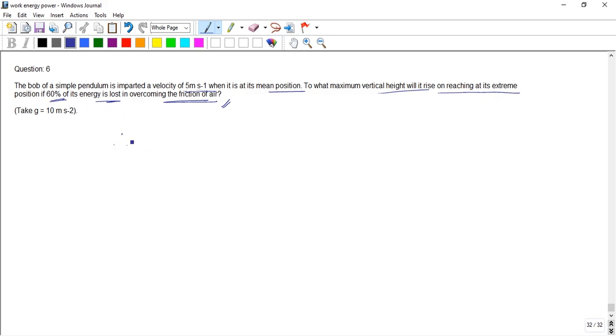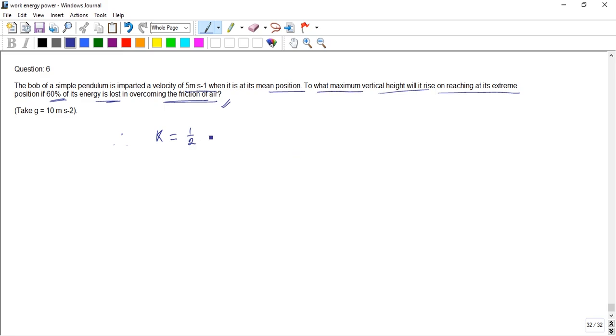First, we calculate the energy. Half m, up to what maximum vertical height it rises reaching the extreme point. Okay, at the mean position, the total energy, and 60% of the energy is lost to friction. So first we need to calculate the height, up to what maximum height.